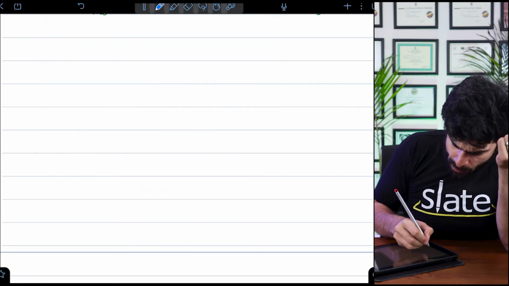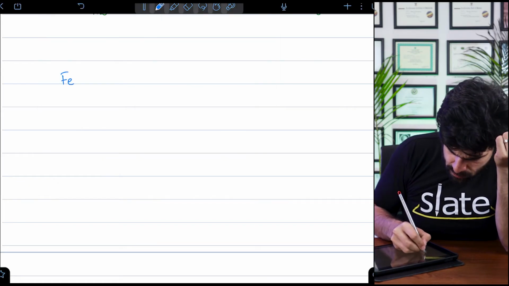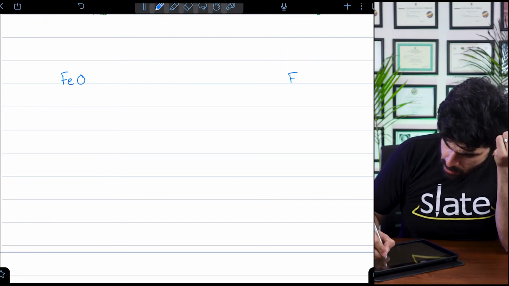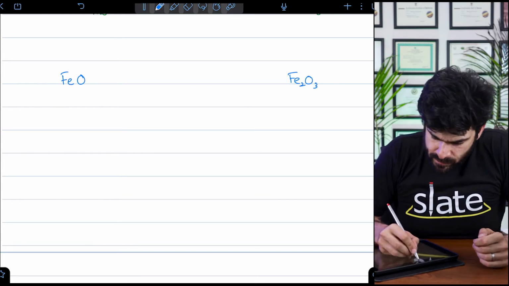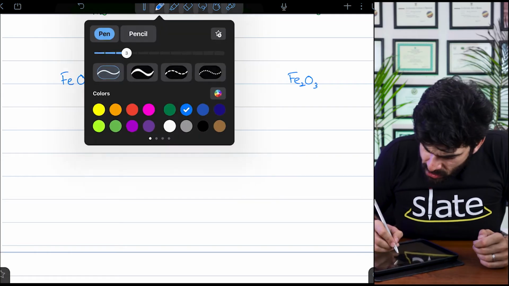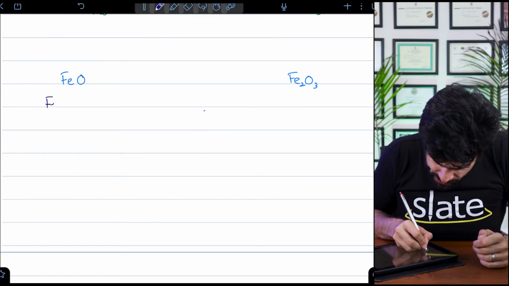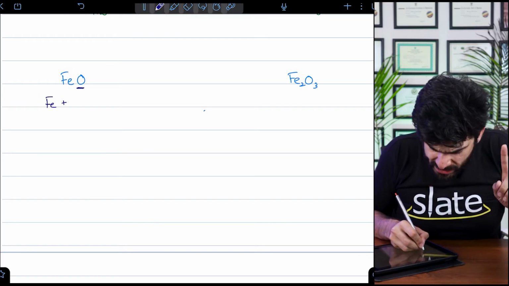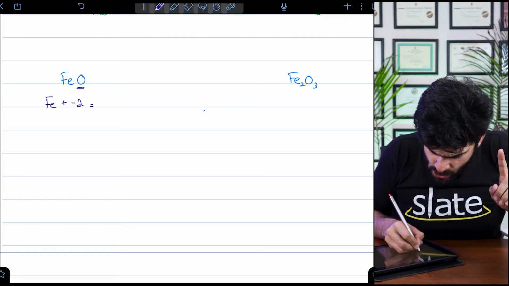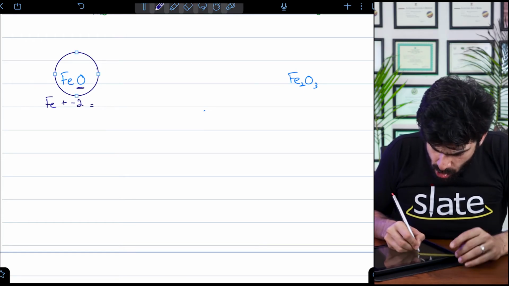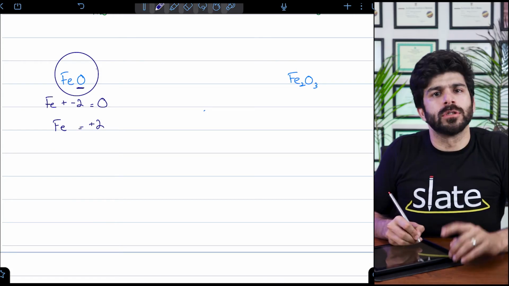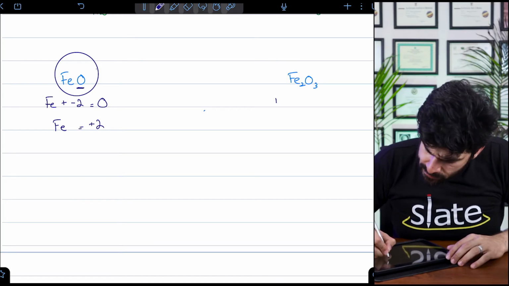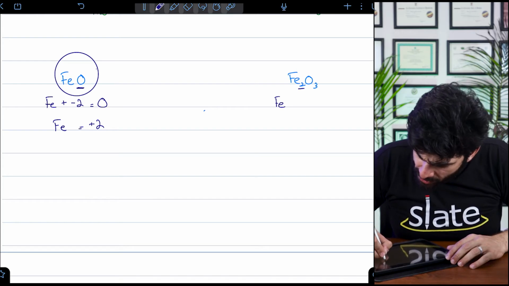Simply, if we talk about iron first, we do not know which iron is which one. So we will just do the simple calculation. Iron plus oxygen is -2, equals the total charge. Total charge is 0. Iron, but how many irons?